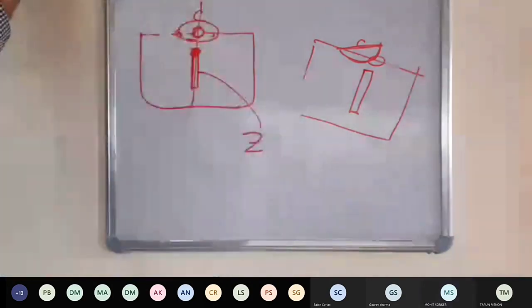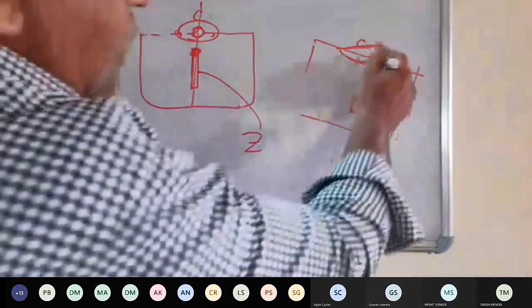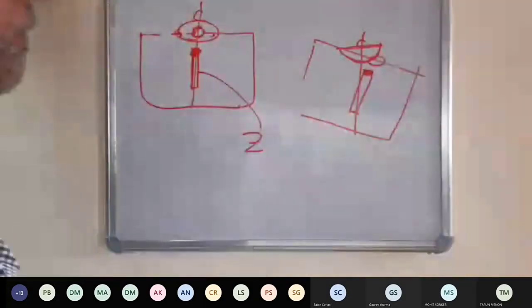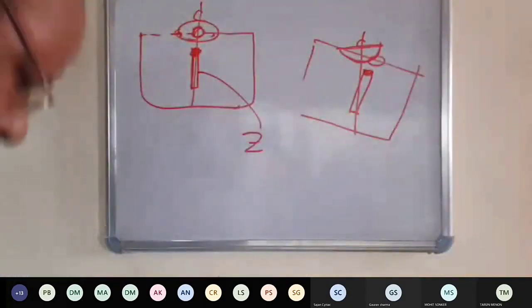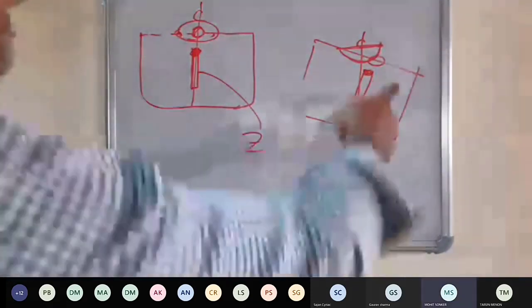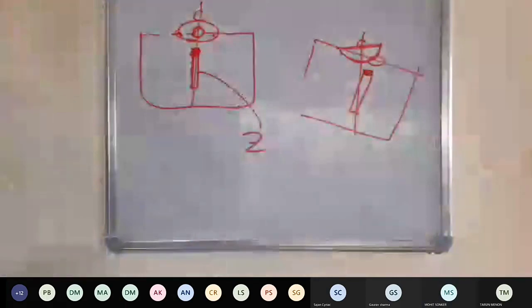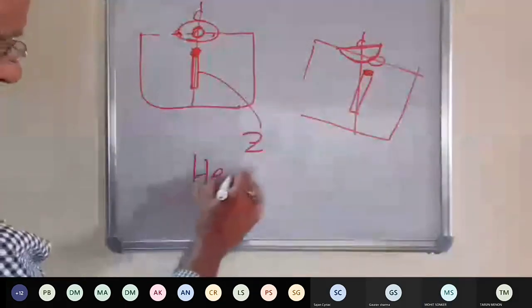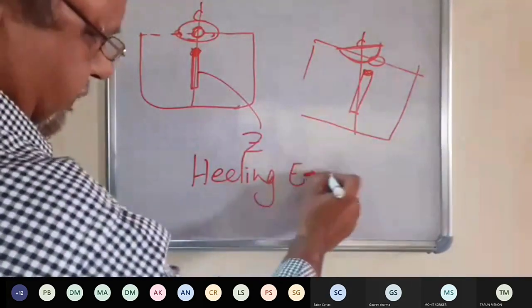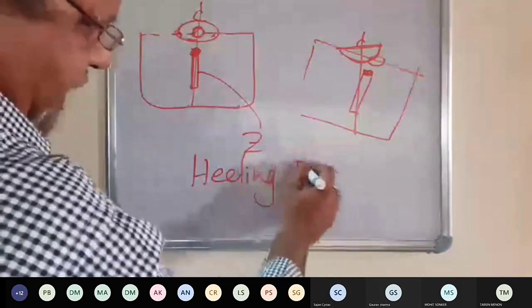Earlier it was in the same line, but now it is going to the starboard of this, or not? Yes. So this is going to create a deviation, what we are going to call heeling error.